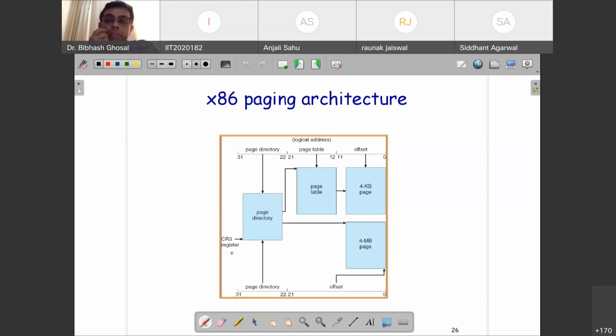This is the pictorial view of how the two-level paging is done. As you see here, the outer page table is also called the page directory. Bits 31 to 22 are used for the outer page level, and the base address of this page table is maintained in the CR3 register. We just discussed that. When you get an address, how do you know which page table to look up?